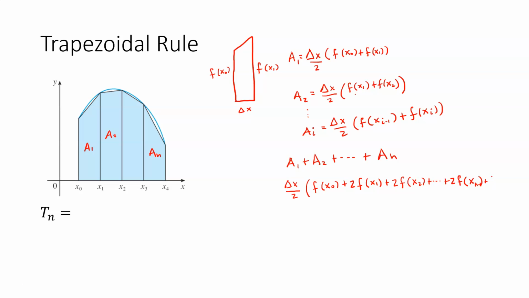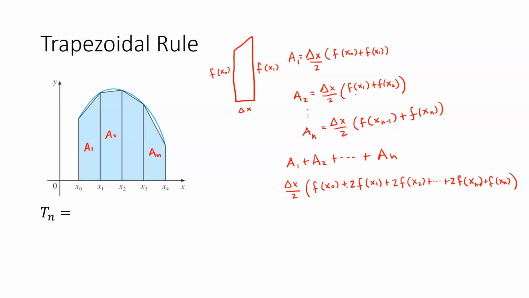And then the last one here, f of xn, will not have a coefficient of 2, because if this were the nth one, say An, it would be f of xn minus 1 plus f of xn, but here f of xn would be the only one. F of xn minus 1 would be combined with the one that came in the trapezoid before.